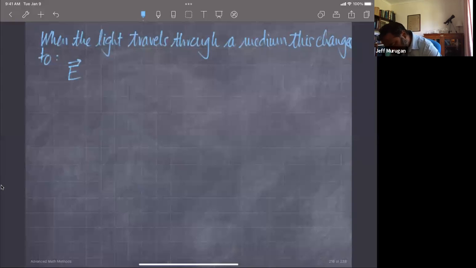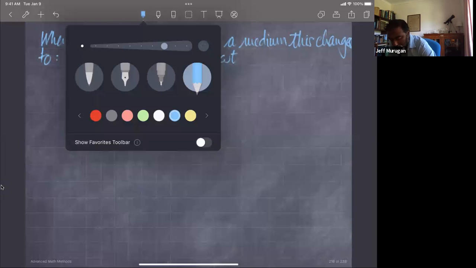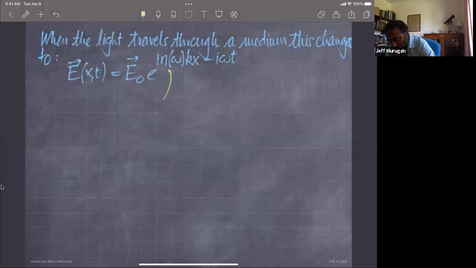E, again, of x and t, is now written as E naught, same amplitude, only now this changes to e to the i n of omega k x minus i omega t. And this quantity n of omega is called the refractive index of the medium.